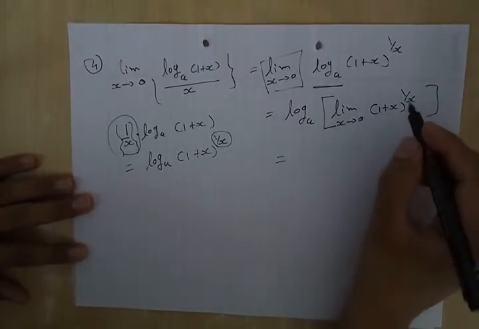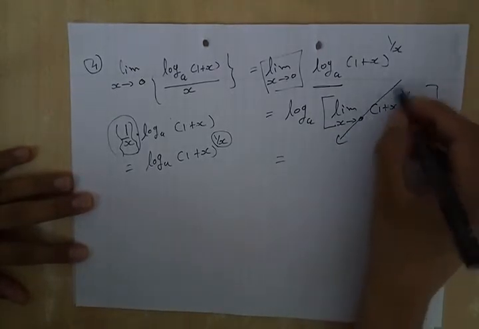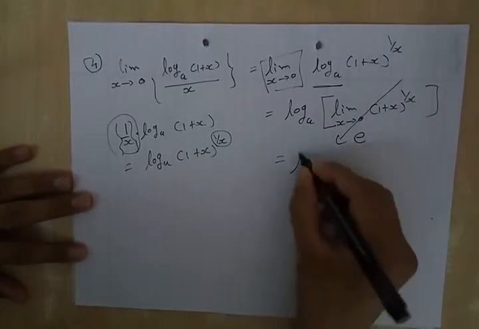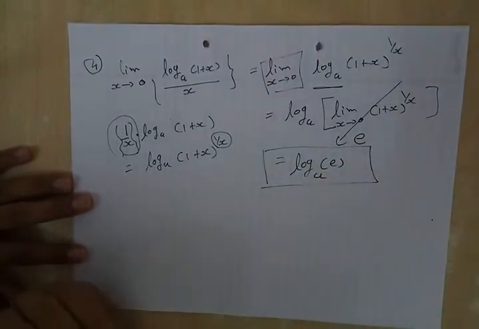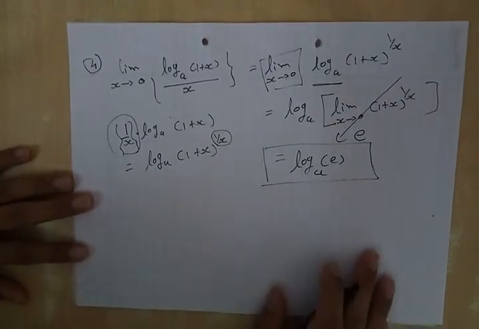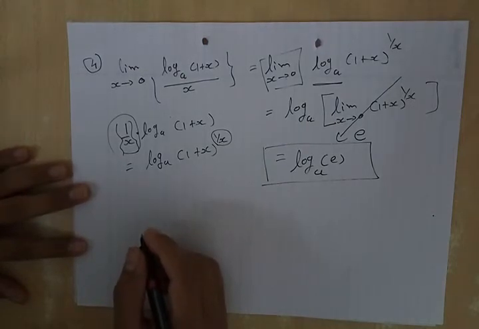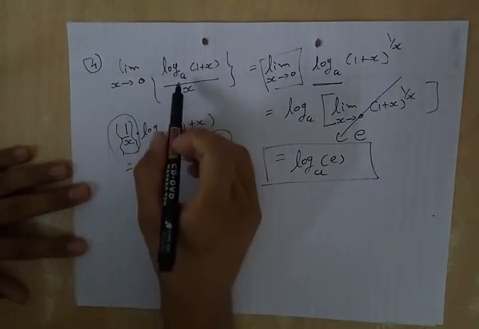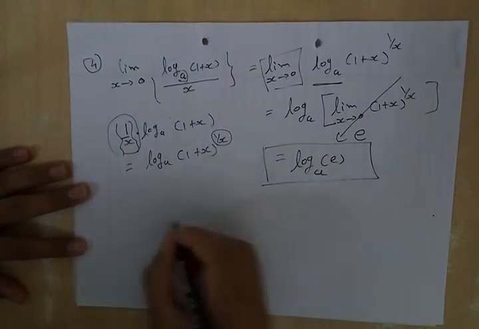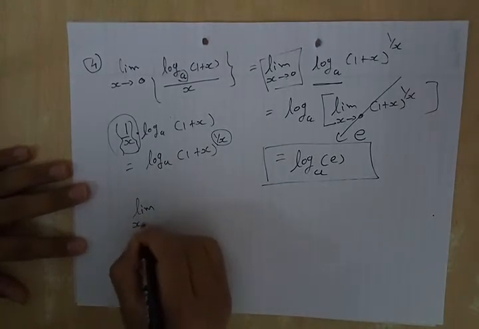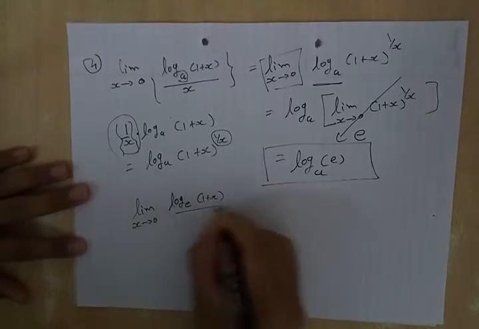Now we have already seen that this function will approach a value e. So logarithm of e. Suppose that if we would have base e instead of a, then the answer would have been limit x tends to 0 log base e 1 plus x upon x.